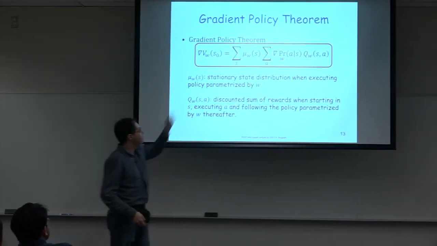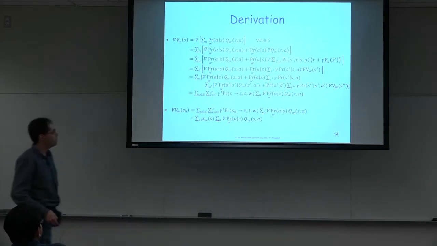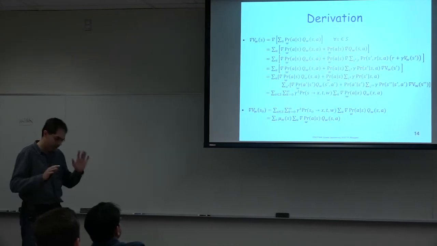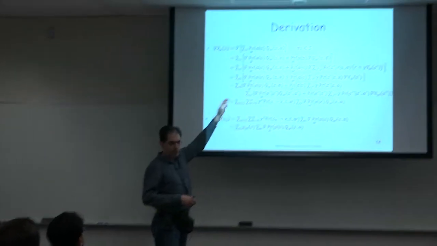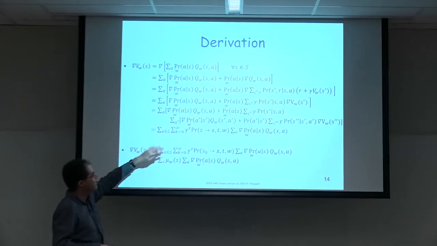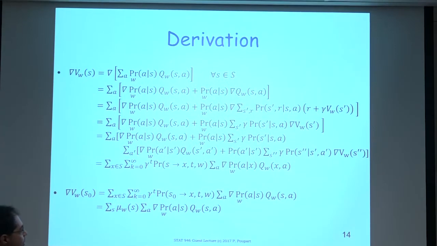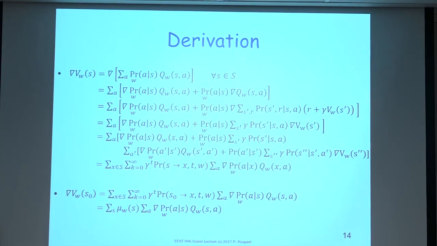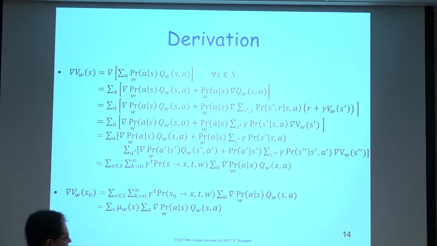Okay, so this theorem can be derived with this set of equations. I'm not going to bother explaining all those steps. They're essentially just rewritings that take advantage of the definition of each of those terms. And at the end, we arrive at the statement of the theorem.